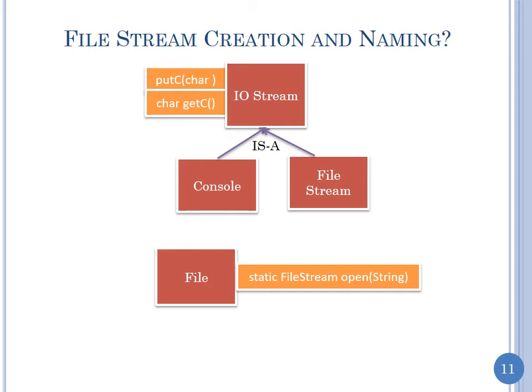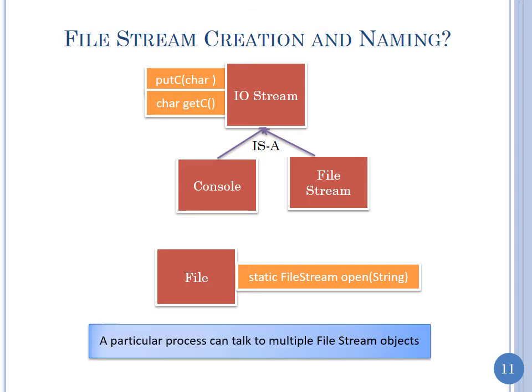And we know of some abstractions to create these streams dynamically. For instance, in Java, you can say open on a file object, or I think this is more abstract, you can imagine some file object, and you invoke an open call on it, and you get a stream that's connected to that file.